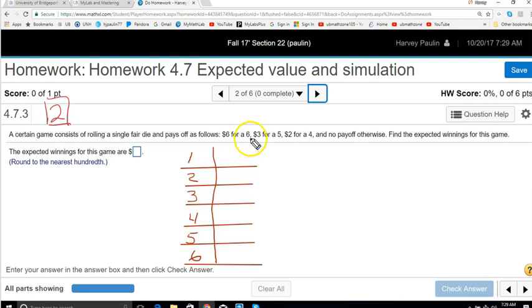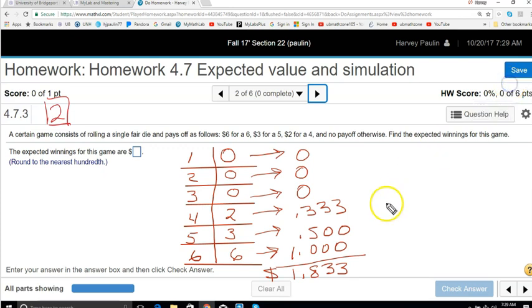Well, if you get a 6, you earn $6. If you get a 5, you earn $3. If you get a 4, you earn $2. And you have no payoff for these others. Now, they're not telling us how much it would cost to play the game, but just what would be the expected winnings. So let's figure that out.